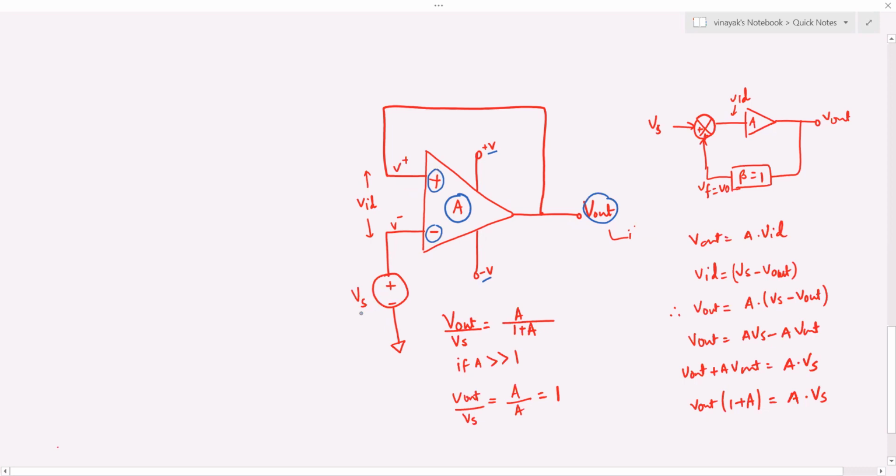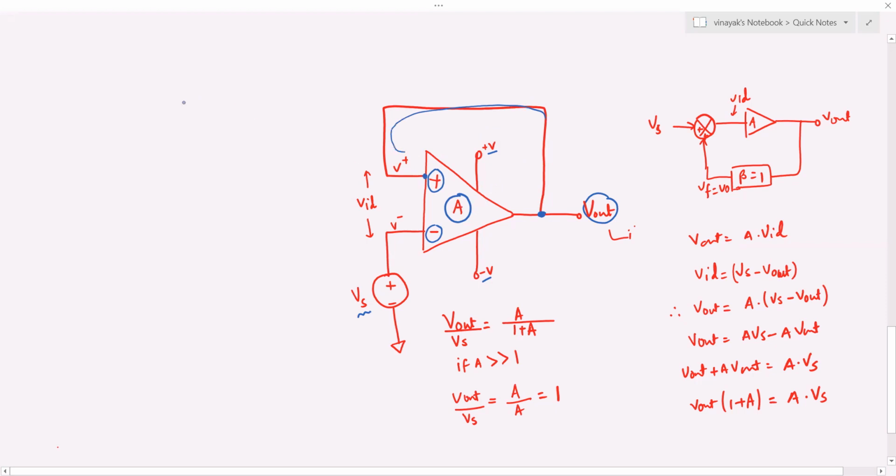To the negative input, we have an externally applied signal source labeled as Vs, and to the positive input, we basically have the output directly connected to it. So essentially, there is a direct output connection back to the positive input pin of the amplifier.